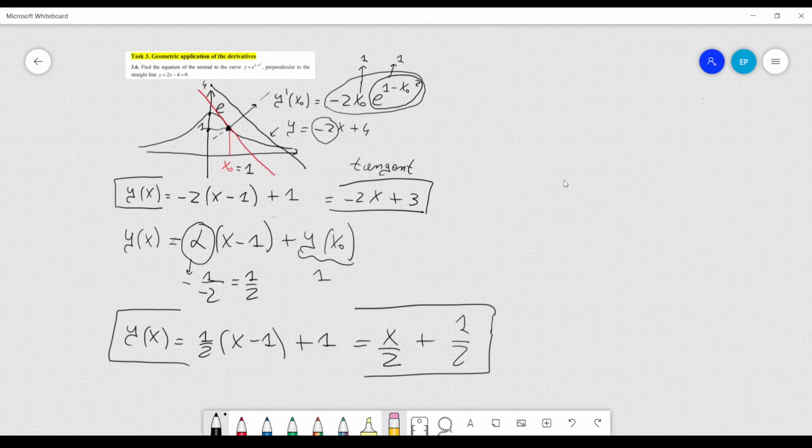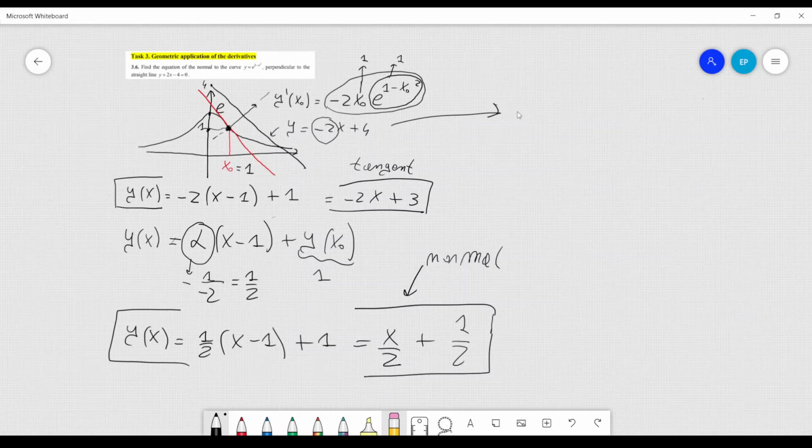How do you check that this is the normal to the curve, which is also perpendicular to this black line? We can find 2 points which belong to this black line.